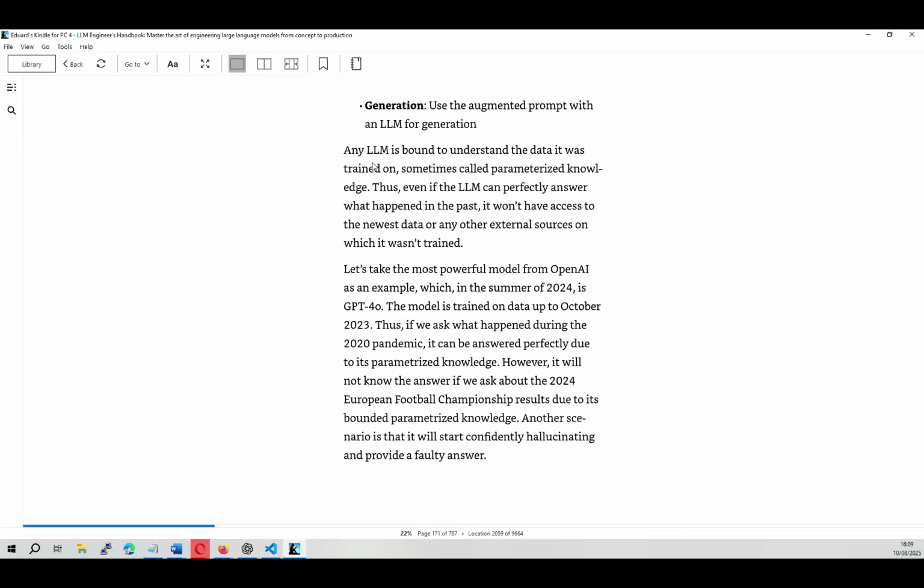So any RAG system has three components. First one is ingestion, which means that data should be somehow ingested, either streaming or using batches. It doesn't matter. We need a database, so we need this step, ingestion. The second, which is by far the most important step, is retrieval.